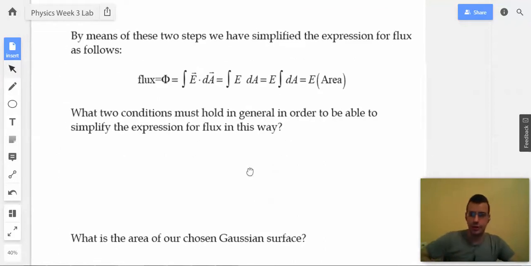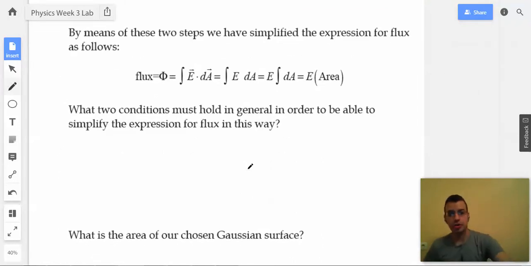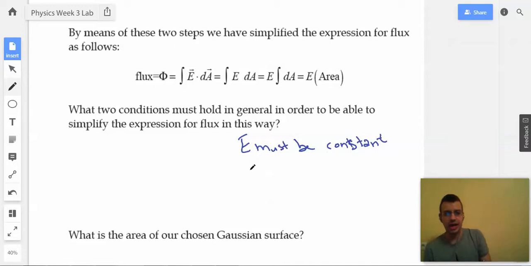Okay, moving on. What two conditions must hold in general in order to be able to simplify the expression for the flux in this way? E must be constant, and theta between E and dA must also be constant.